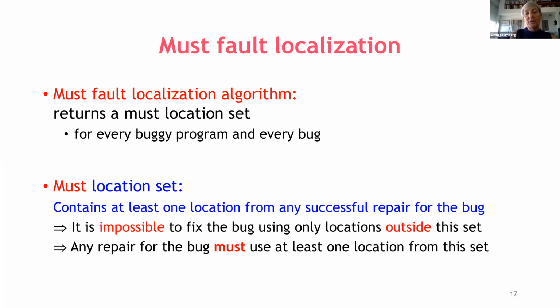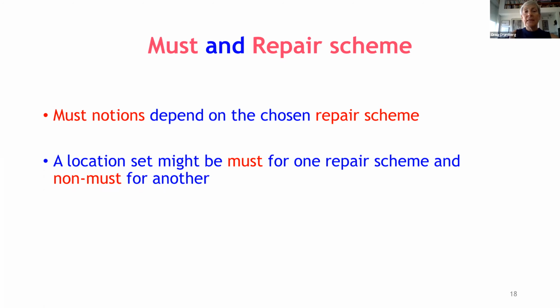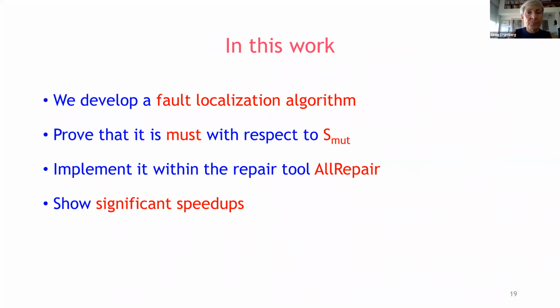Or in other words, any repair for the bug must use at least one location from this set. It turns out that the must notion depends on the chosen repair scheme, and it can easily be shown that a location set might be must for one repair scheme and non-must for another. In this work, we develop a fault localization algorithm.